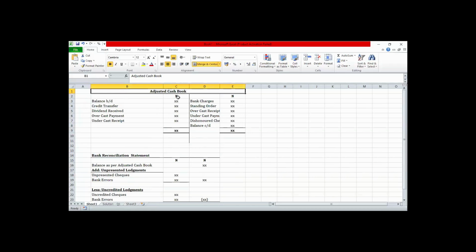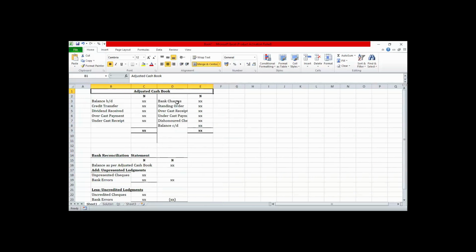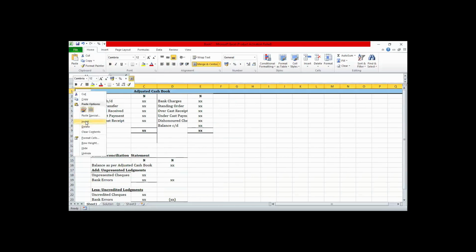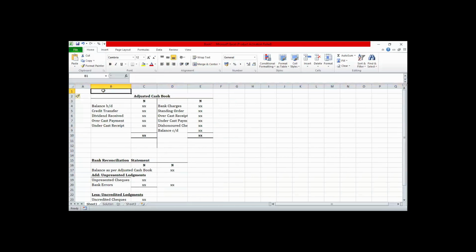Now, let's look at it together. Then we should prepare the adjusted cash book and the bank reconciliation statement. Now, let's read the question. What's the name of the organization? Igwe local government. Yes, sir.